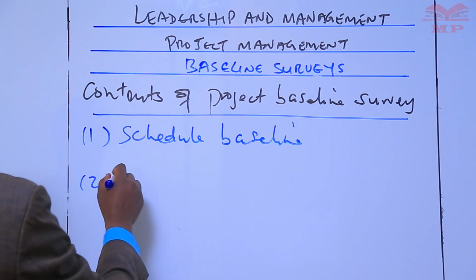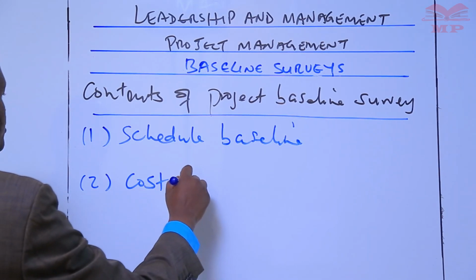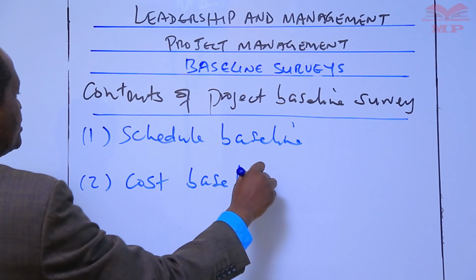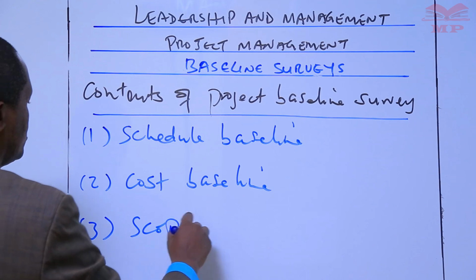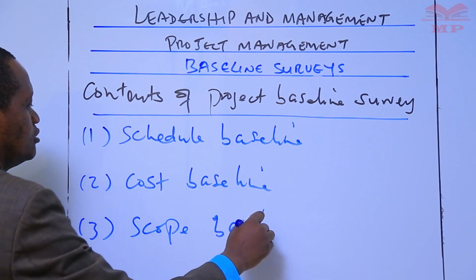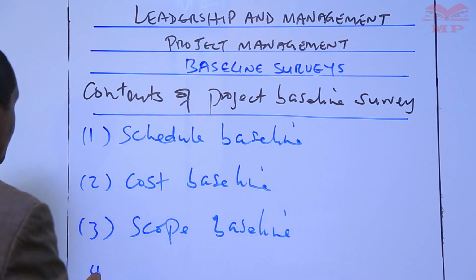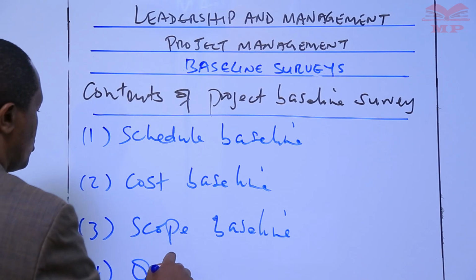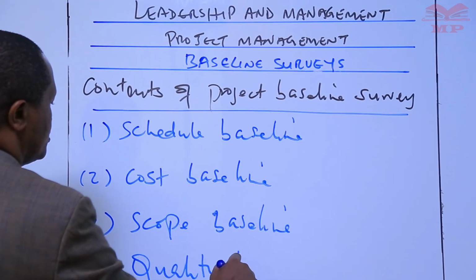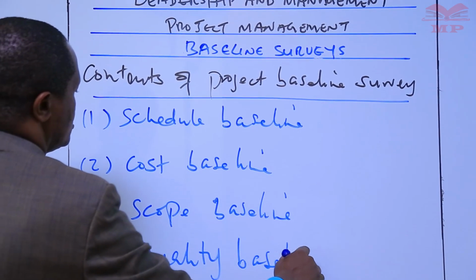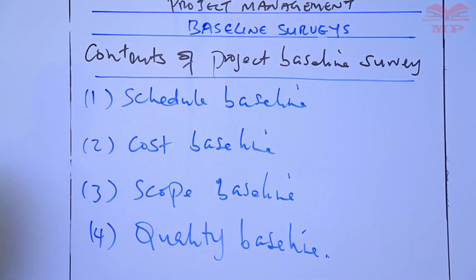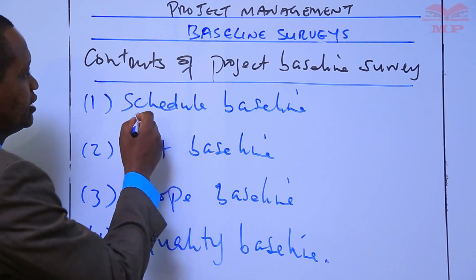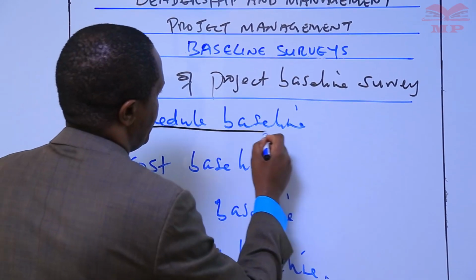Number two is a cost baseline. Number three, scope baseline. And lastly, quality baseline. We'll move to explain these contents, beginning with the schedule baseline.